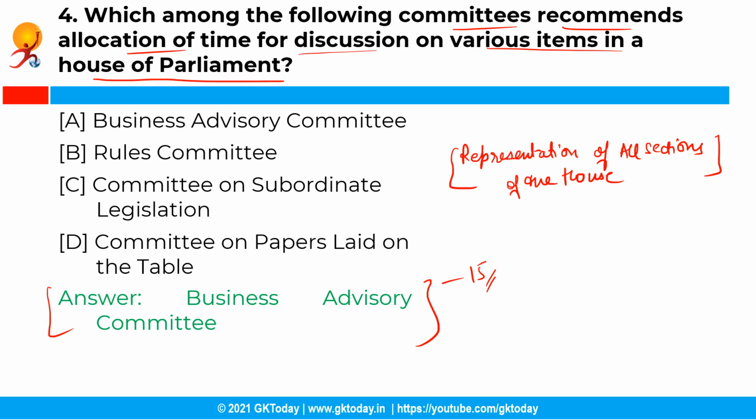Now the committee on its own initiative may also recommend to the government to bring forward particular subjects for discussions in the House and recommend allocation of time for such discussions. Further, the decisions reached by the committee are always unanimous in character and representative of the collective view of the House. So the committee generally meets at the beginning of each session and thereafter as and when necessary.